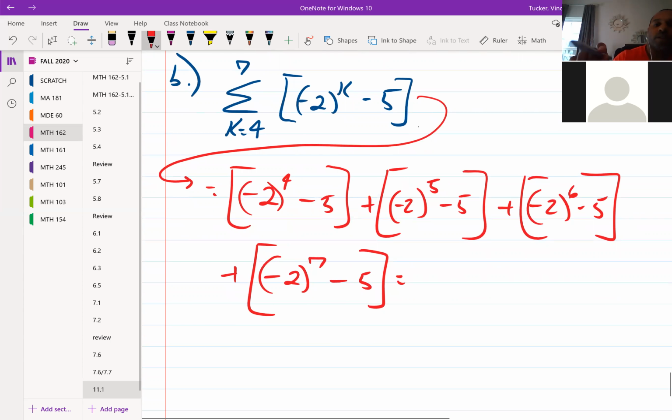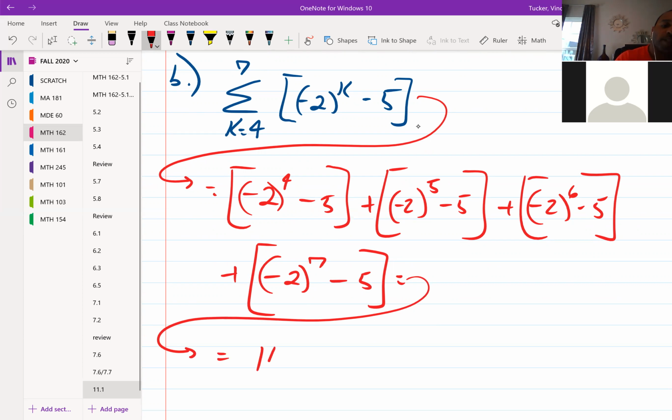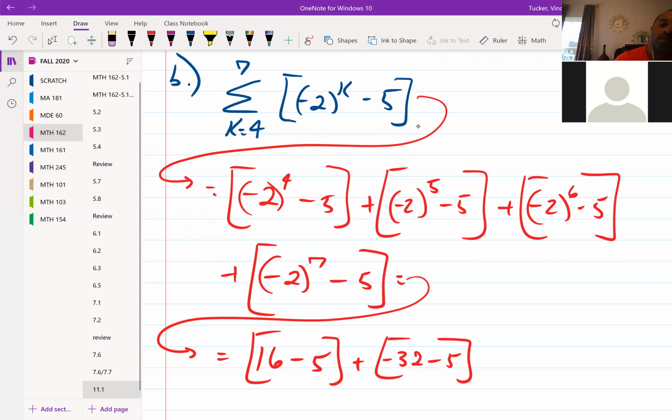Yeah, I think I'll write that out. So that's going to be positive 16. So make sure you're careful with those signs. That's going to be negative 32. That'll be a positive 64.